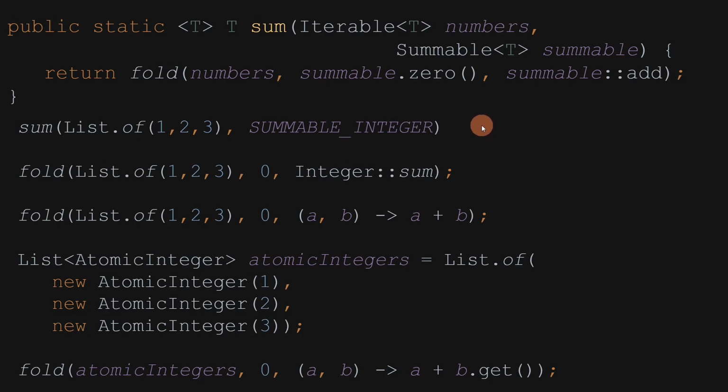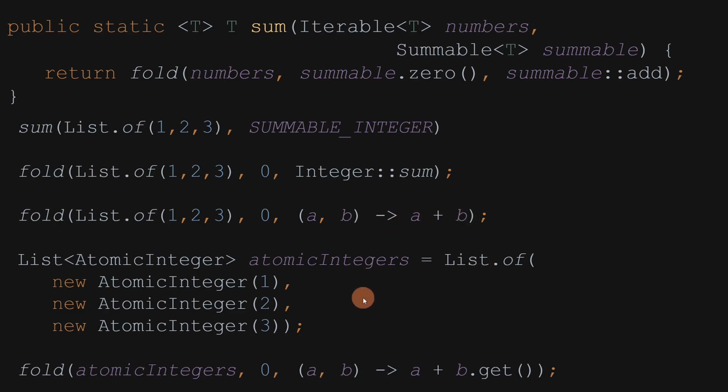But probably in the case of summable, I would just call fold directly, unless I had a very good reason to actually model summable like this. Just call fold and define the summable behavior on the fly by passing zero and a function to sum. And there we go. That's basically the same as this. Here I'm reusing an existing function. Here I'm defining a function on the fly.